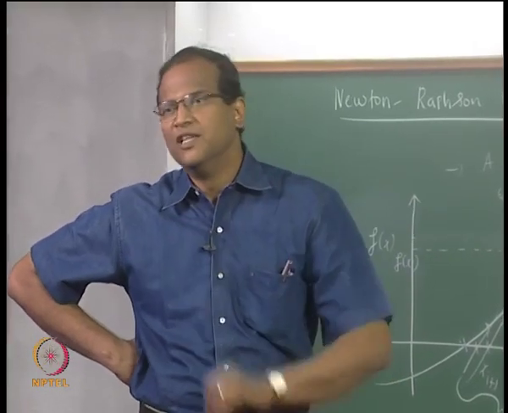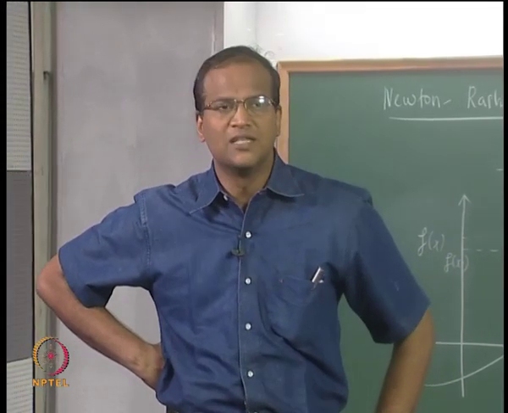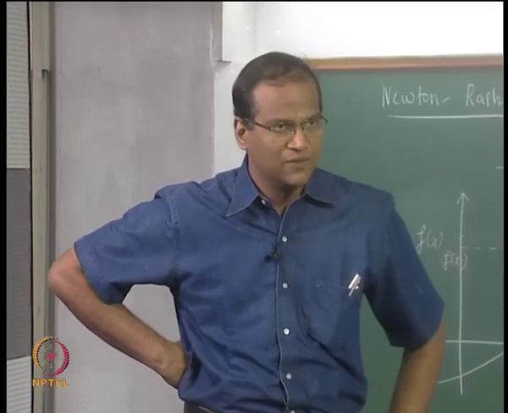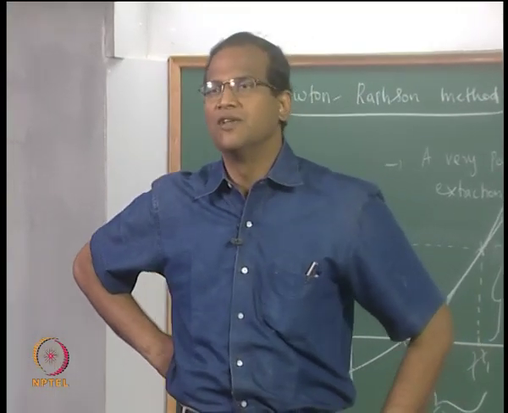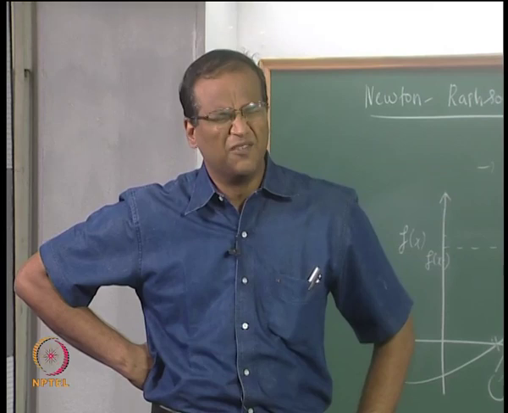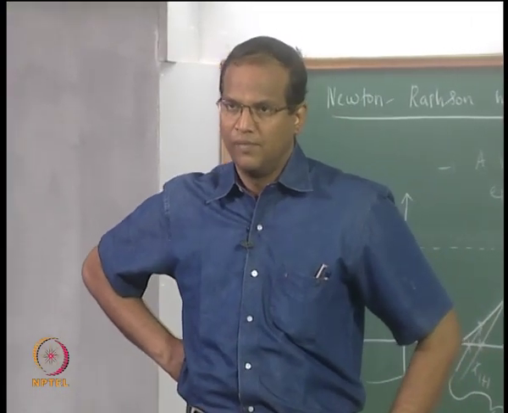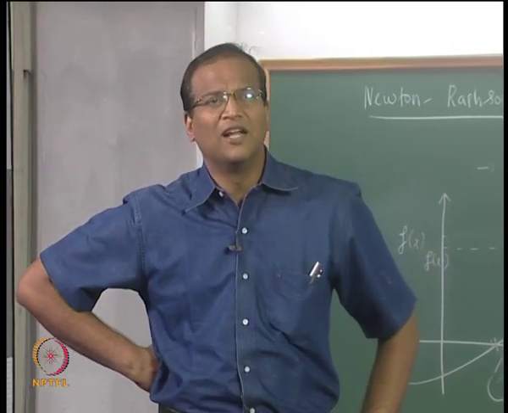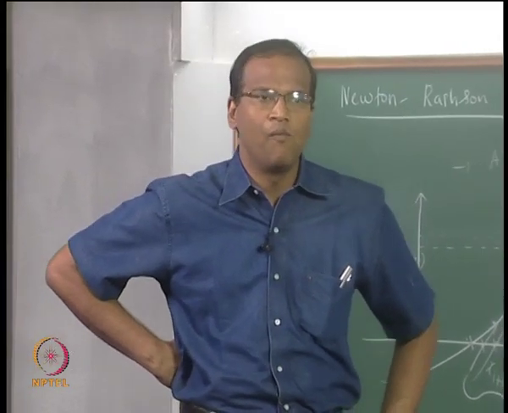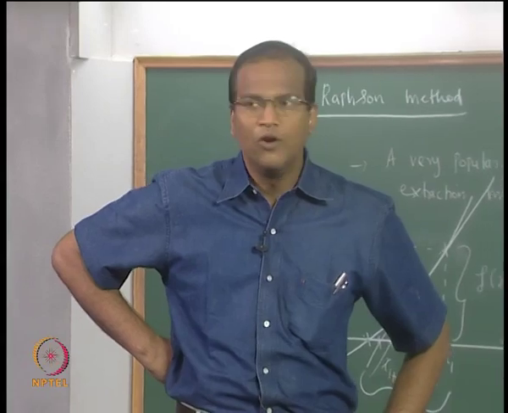The major difference between this method and the method of successive substitution is you are using information on the derivatives. Since you are using information of the derivatives, the convergence hopefully should be very fast, okay. But we cannot say that the convergence is always guaranteed. Why do I say that?